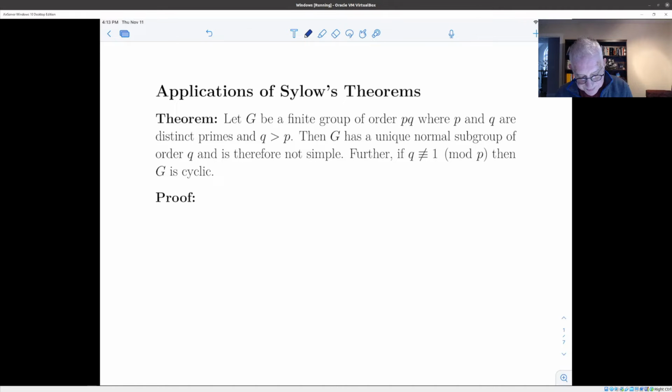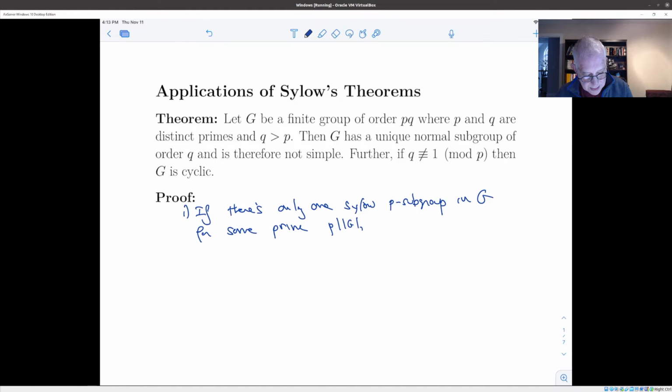So first of all, if there's only one Sylow p subgroup for some prime p, then it's normal, because all of the Sylow p subgroups are conjugate.